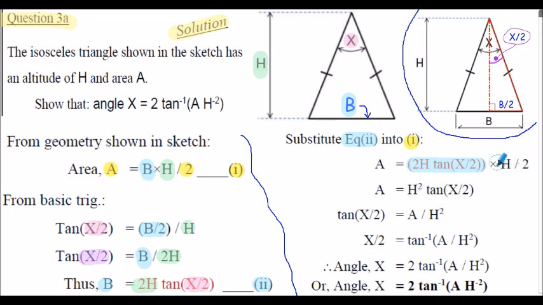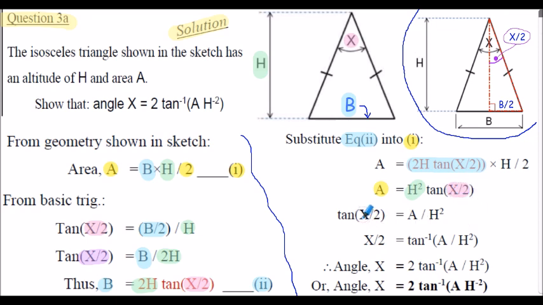On the next line, we simply multiply the two h terms together. H here multiplied by this h here produces h squared. And the 2 in the numerator cancels with the 2 in the denominator shown here. So we're left with the formula A is equal to h squared multiplied by the tan of x divided by 2.